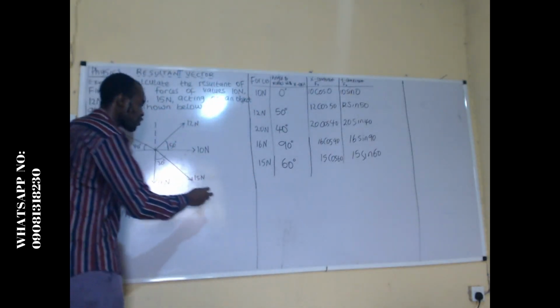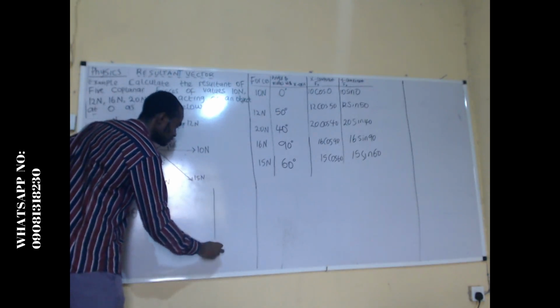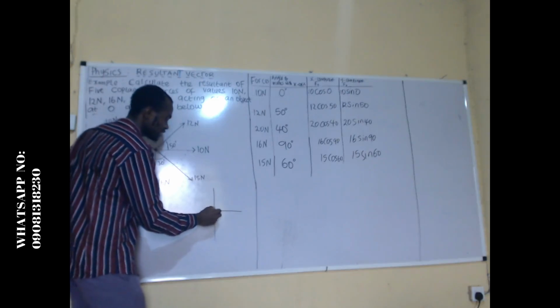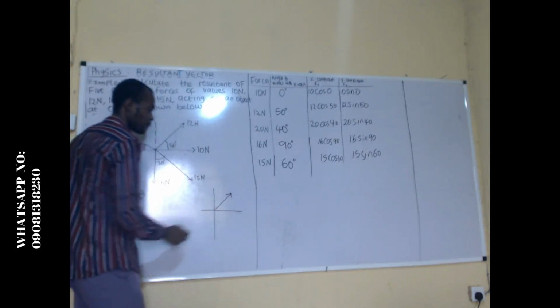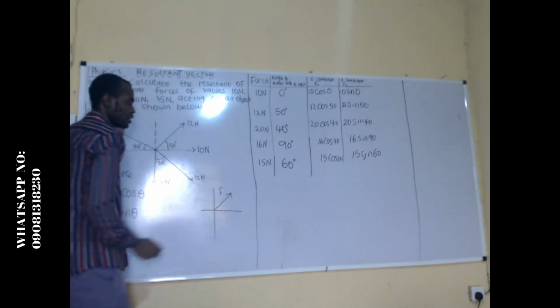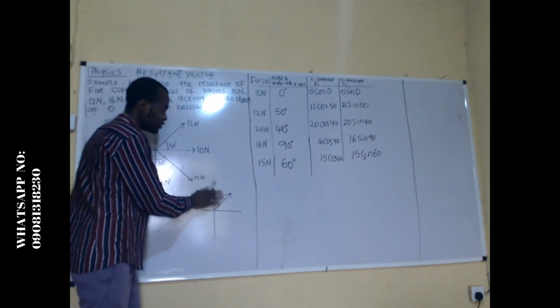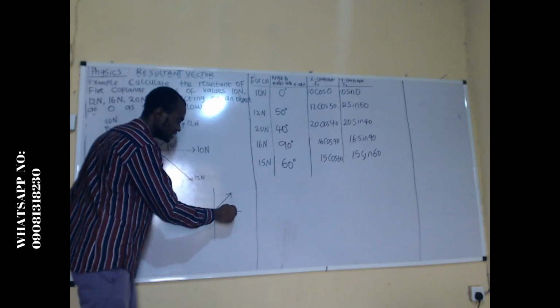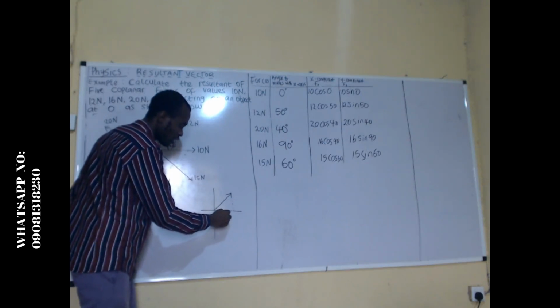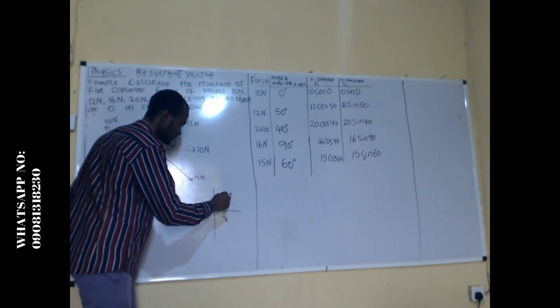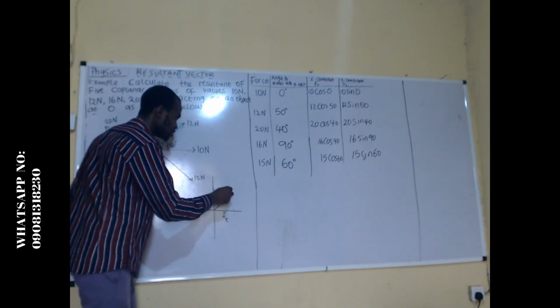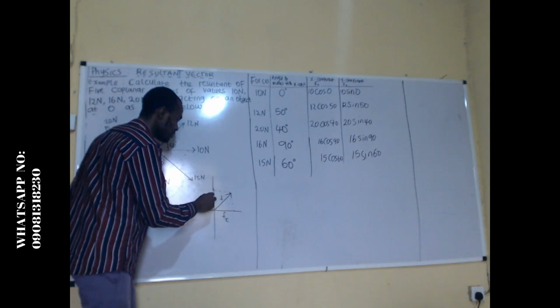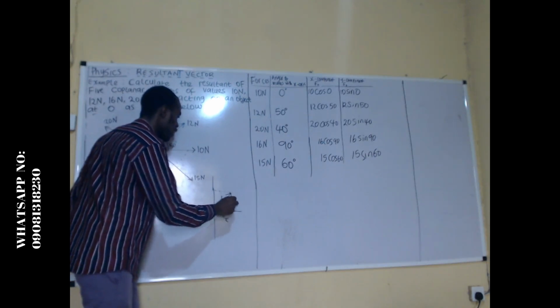For example, if you have a vector F like this, to resolve it, that means you project it, this will become Fs, and if you project this, this will become Fy.